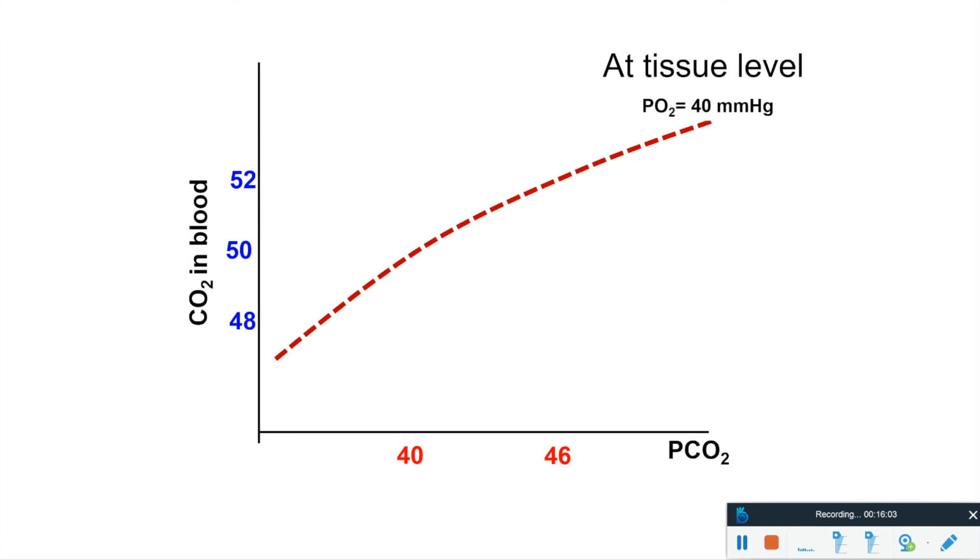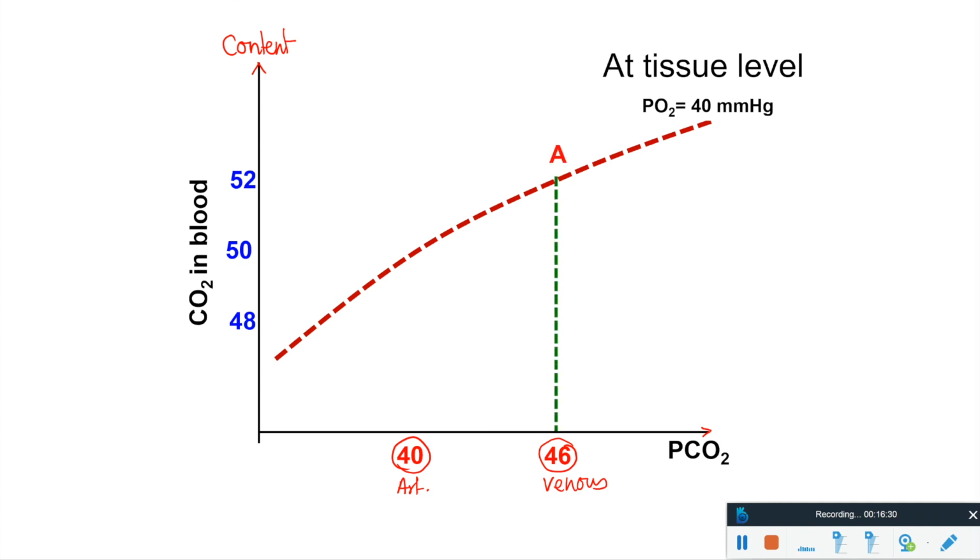Look at this curve carefully. The x-axis of the curve indicates partial pressure of carbon dioxide and the y-axis is the content of carbon dioxide, right? This 46 partial pressure is a feature of venous blood, and obviously 40 is the carbon dioxide partial pressure of arterial blood.